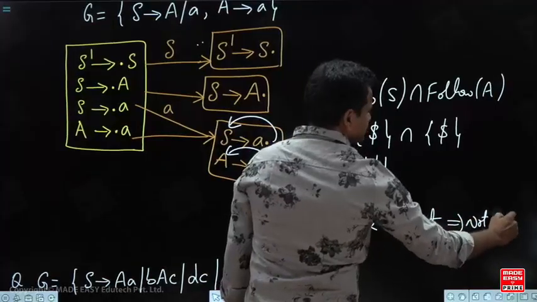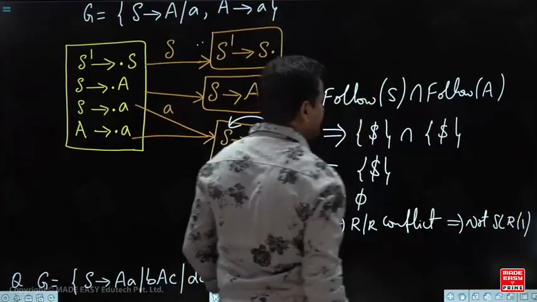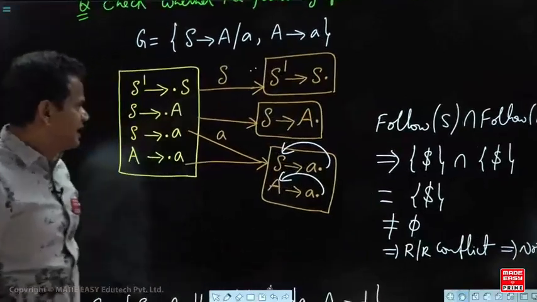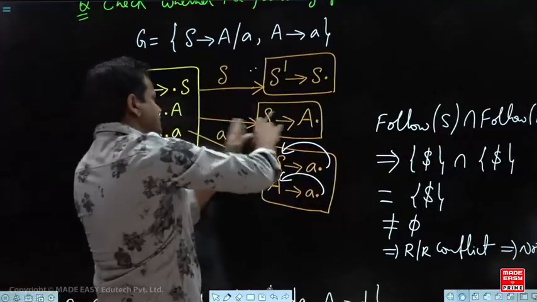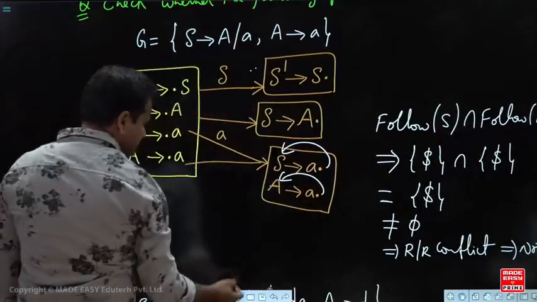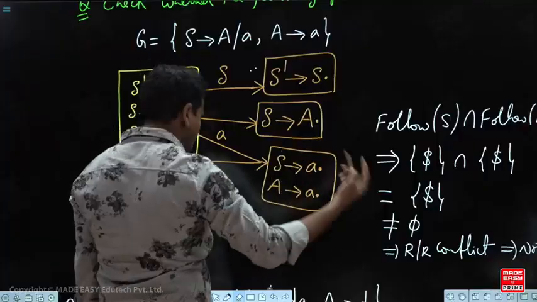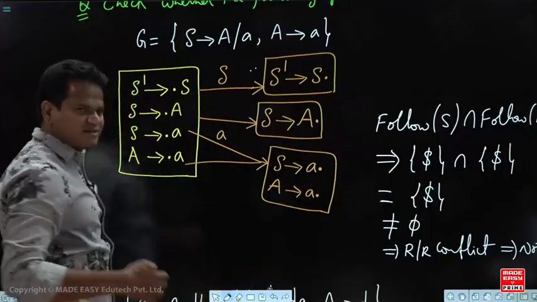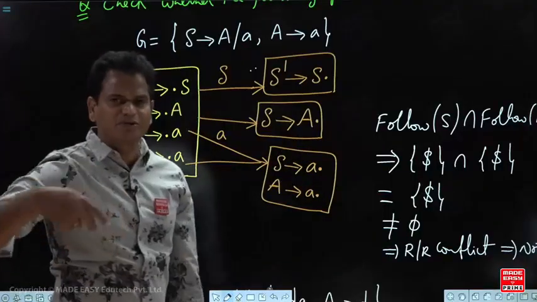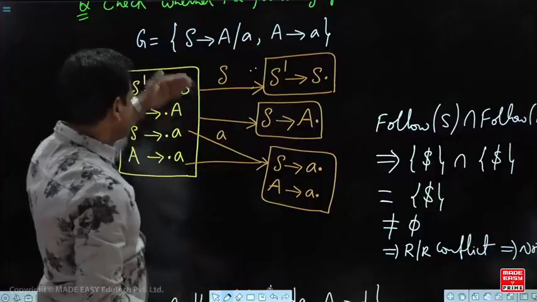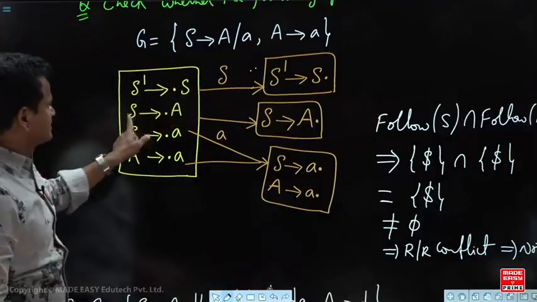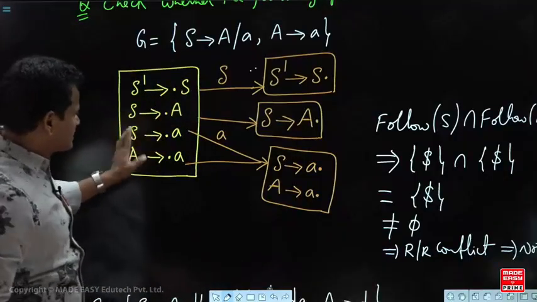So guys, this is the first question. That is the reason I have explained this much and done everything. But while doing this question in the examination or on your own, just while writing the items you must observe. So S' → .S, then the productions of S, then the productions after the dot.